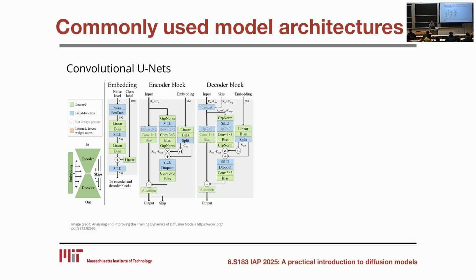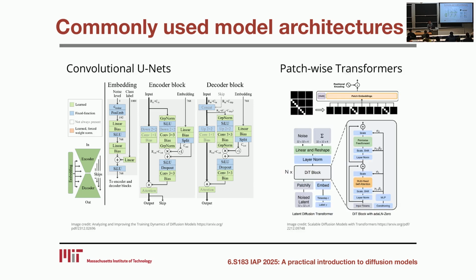These are connected by skip layers as well as conditioned by the current noise level. Usually this is called a U-net, and I think at first it was developed for image segmentation, but people have repurposed them for diffusion models, and this is the most commonly used architecture for image models.